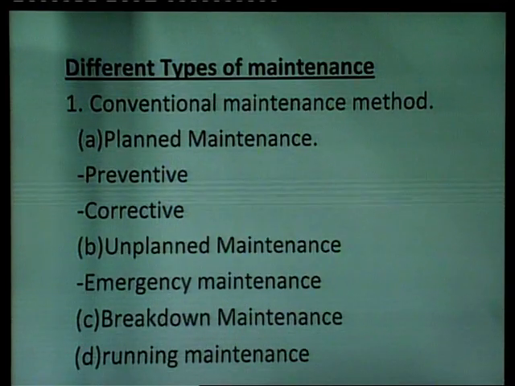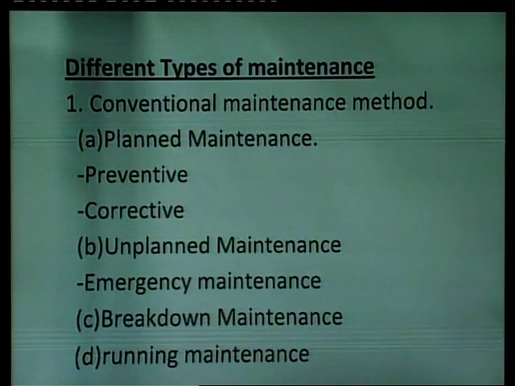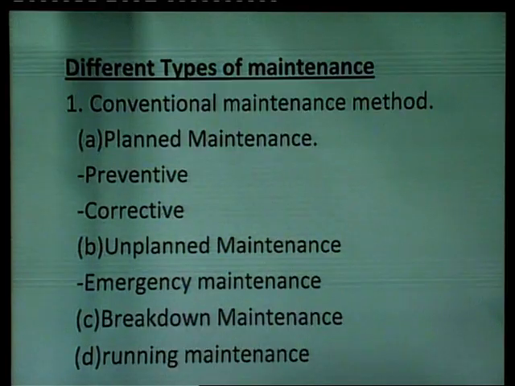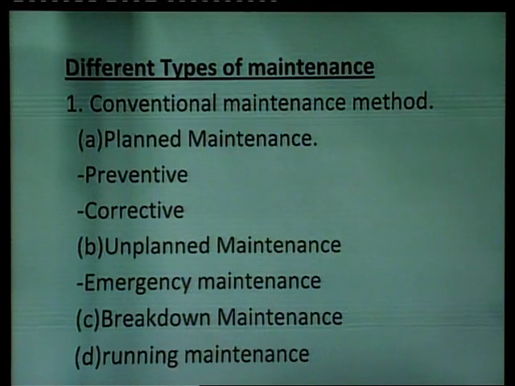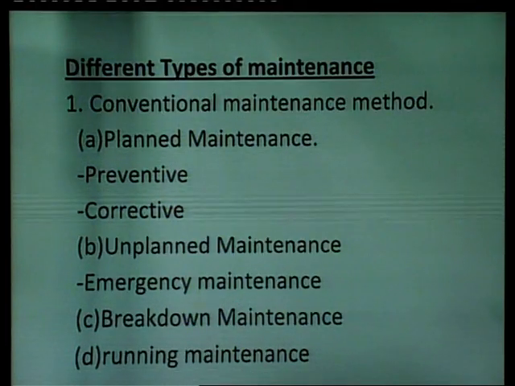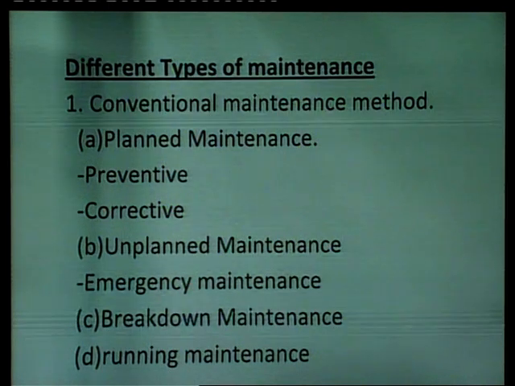So we can correct the problem in advance. So non-conventional methods are initially costly due to higher cost. So these methods are very highly costed, higher cost for equipment, but they are very cheap in the long run because of the higher production.